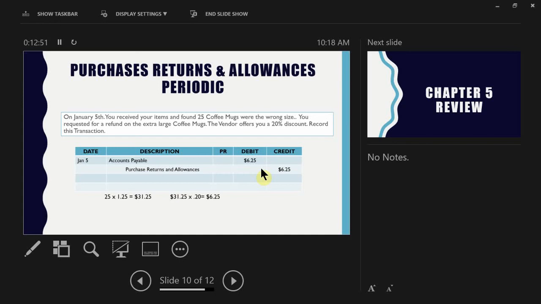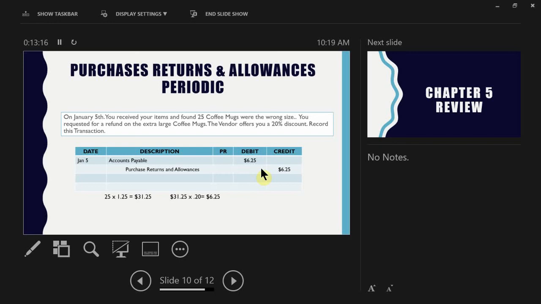So again, allowances, same thing as you cannot discount or you cannot take back freight expense. So in this case, I'm looking at just my original price, which was my $1.25 per cup. And I'm returning or getting an allowance for the 25 that it was originally set for.